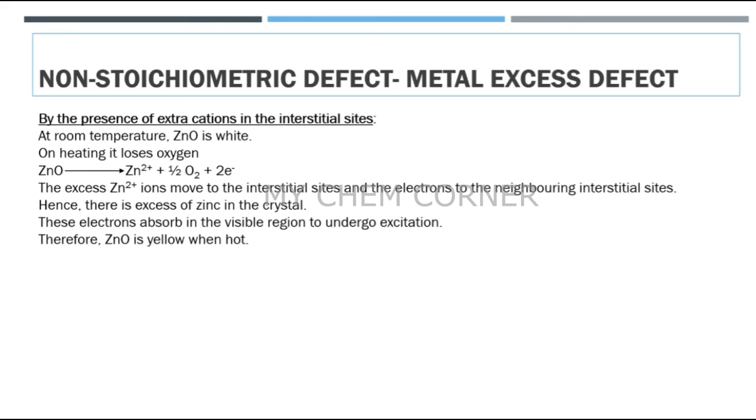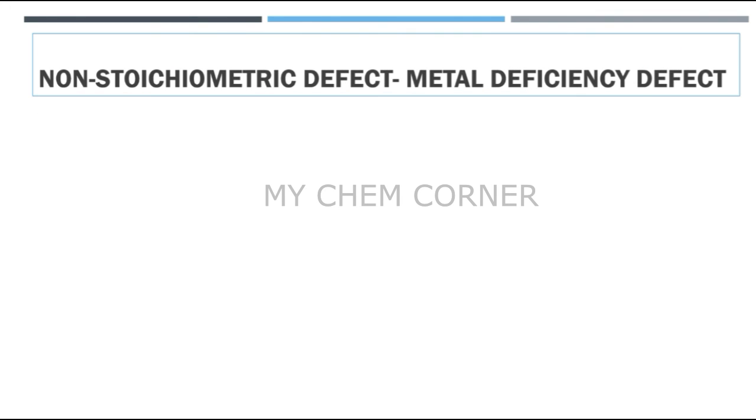Alright, and now we have the last type, which is metal deficiency defect under non-stoichiometric defect. So here, this defect is observed in metals exhibiting variable valency. In your periodic table, where are those metals which exhibit variable valency observed? They are observed in the D block elements, right?